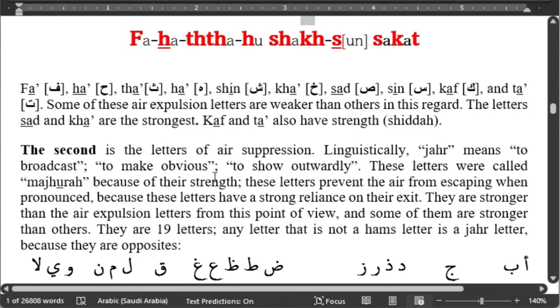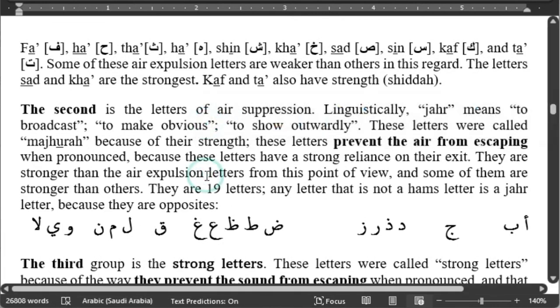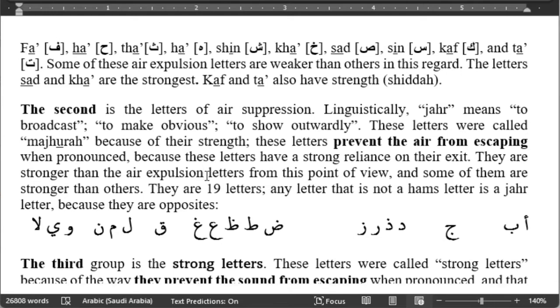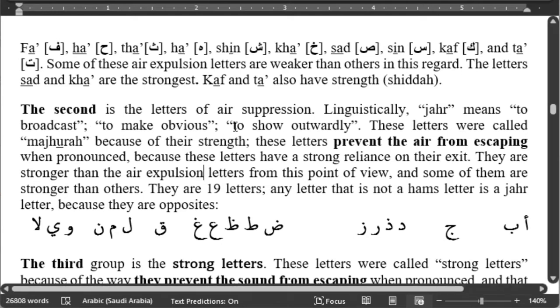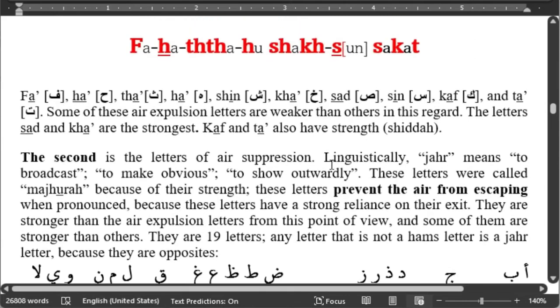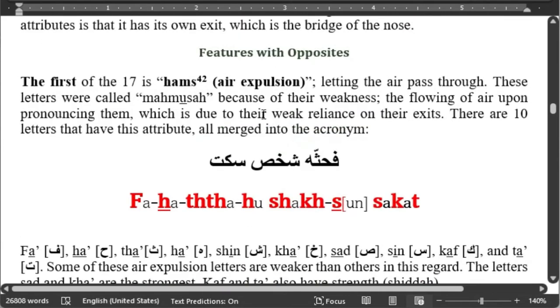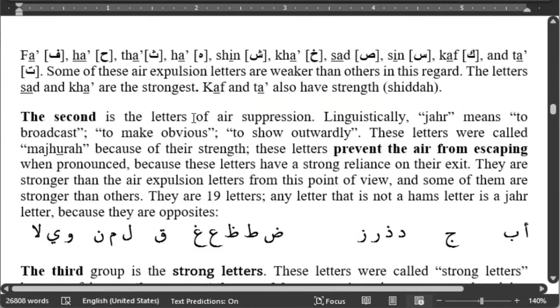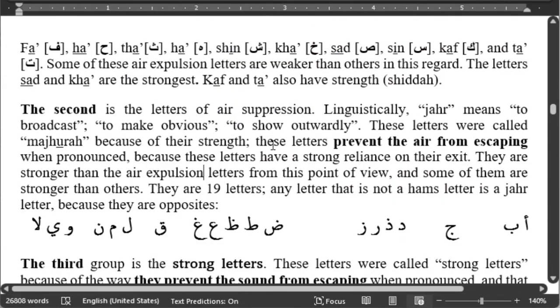What do the next ones do? These ones, they suppress the air, prevent the air from escaping. We're not talking about whether or not they stop the sound, though. We're just talking about if they stop the air. So the first one is weak because the air comes out. The second one is stronger because it stops the air from coming out.